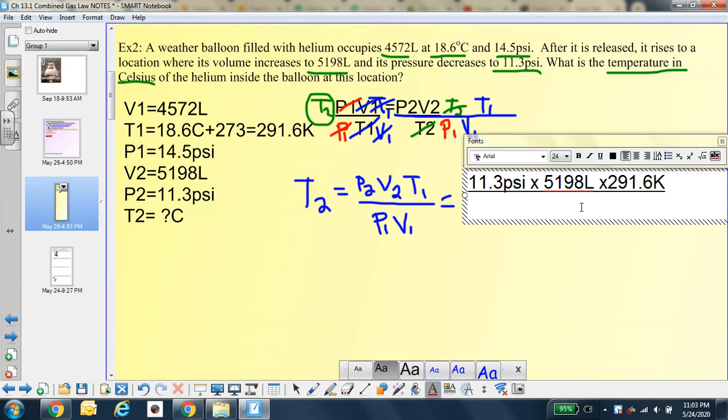Hey, you remember what I said last time, how we have to use parentheses if you have more than one variable in the denominator? So 14.5 psi times volume 1, 4,572 liters, end parenthesis.